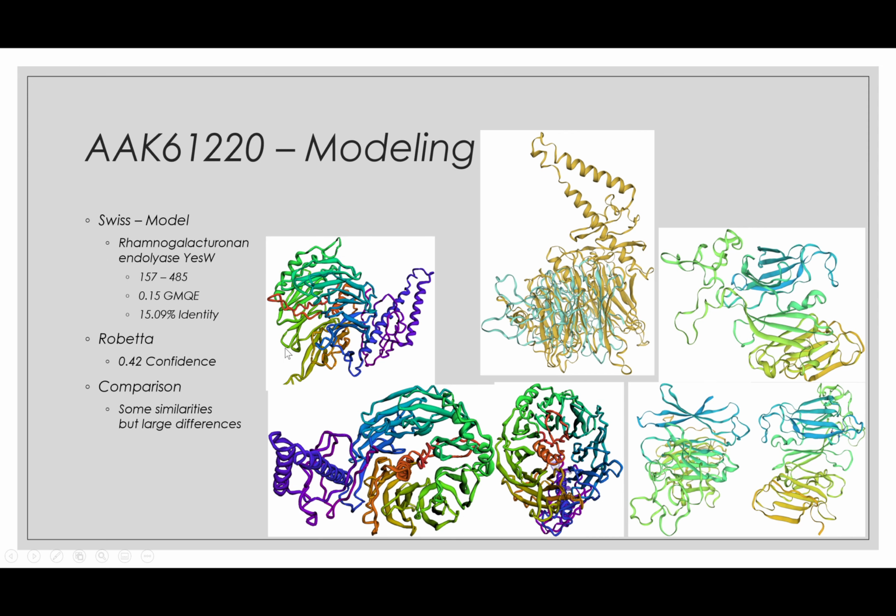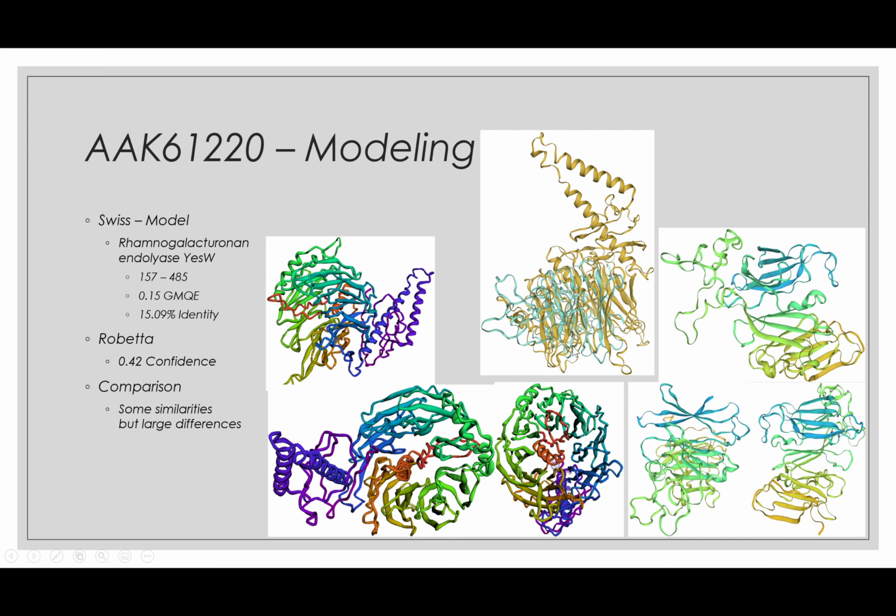And then when doing the modeling, we saw one hit for enolase CSW. Again, not too high scores for GMQE or identity. And we did get the Robetta with 0.42 confidence.